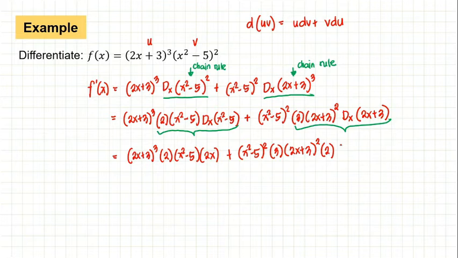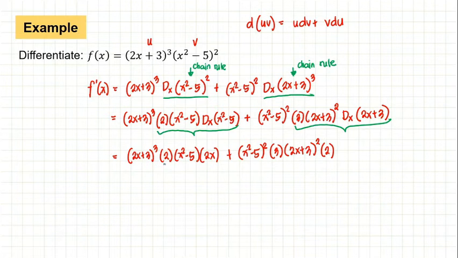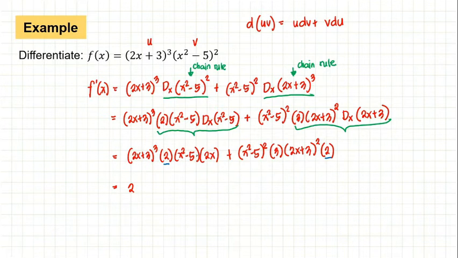Okay? Now, from that, we will now take the common factor. First, you will see here the common is 2. We can take out 2. So this is 2. Then next, you can also see here x squared minus 5, right? The smaller exponent is the one we take.